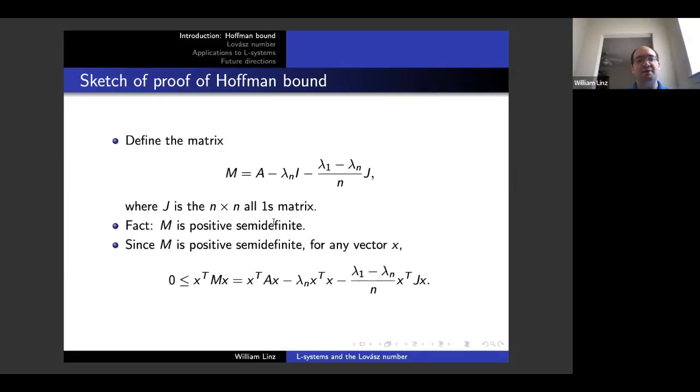Since M is positive semi-definite, another equivalent characterization is that if you take any vector x and look at the quadratic form x transpose Mx, that's always going to be at least 0. Written out, x transpose Mx is x transpose Ax minus lambda n x transpose x minus (lambda 1 minus lambda n) over n times x transpose Jx.